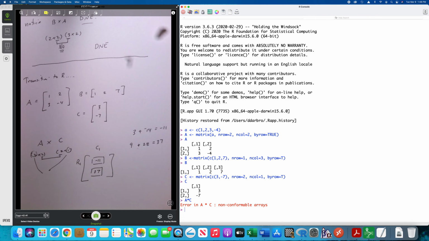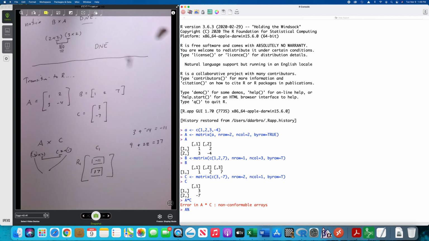The way we add matrices is we add the upper left component with the upper left component of the second matrix, and that would be the upper left component of the sum. Add the upper right with the upper right to get the upper right, and so on and so forth. Well, that's what R does when we have A times C. It's going to multiply the parts in the corresponding positions.